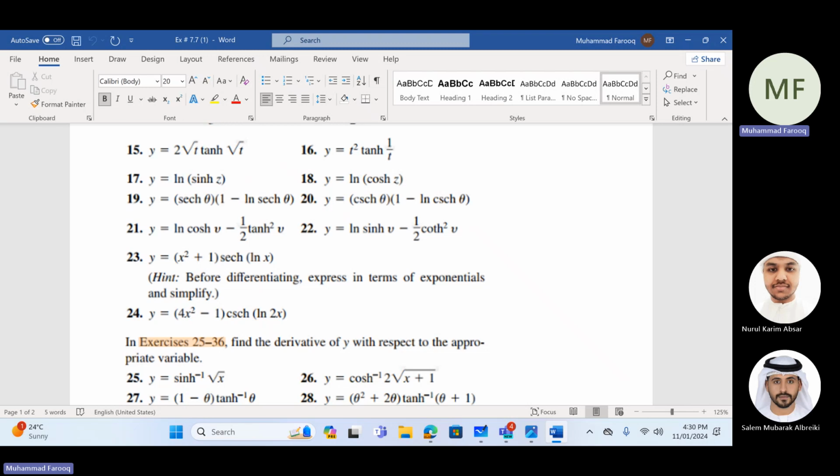Use a calculator. How much is e power ln 2x? I think it is 2x. Yes. And e power minus ln 2x is 1 over 2x.